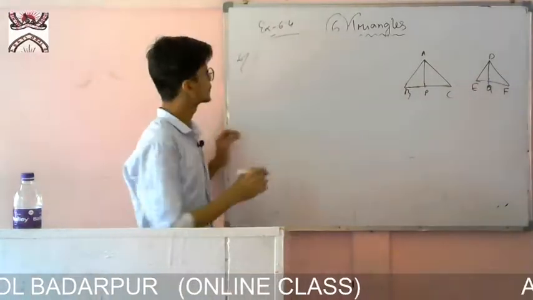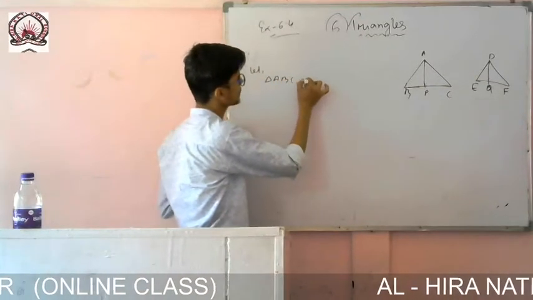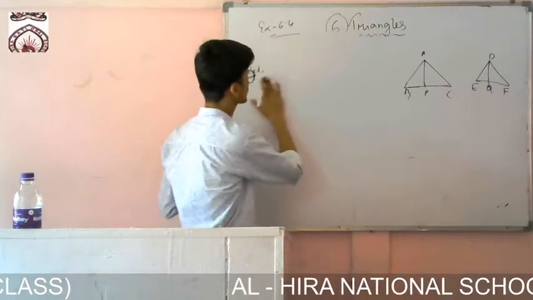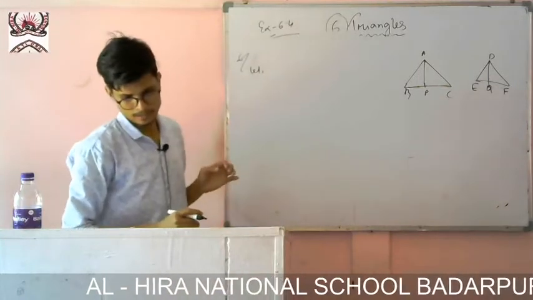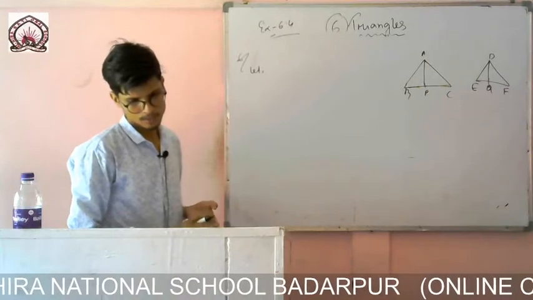So what is given? It is given in the question that the areas of two similar triangles are in the ratio of the square of their corresponding sides.